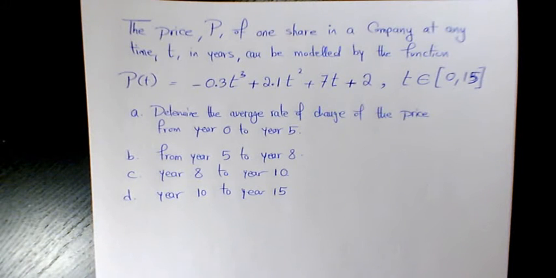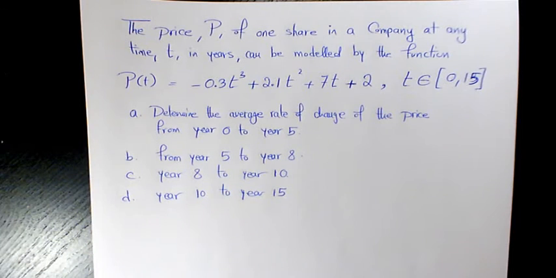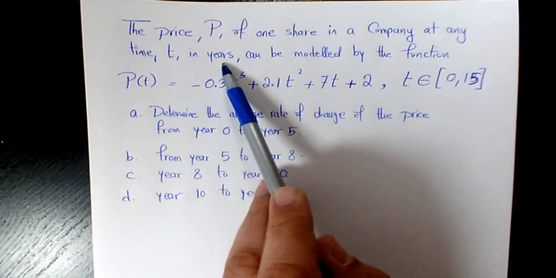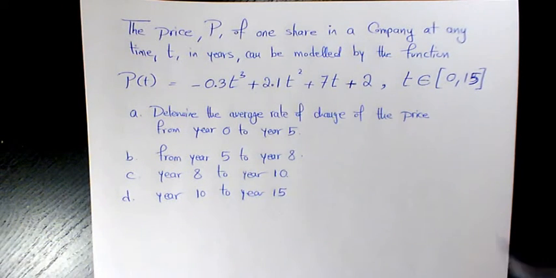It says the price P of one share in a company at any time t in years can be modeled by this function: P of t equals negative 0.3 t cubed plus 2.1 t squared plus 7t plus 2, and t is between 0 and 15, including these two numbers. So the independent variable here is time in years, and the dependent variable is price in dollars.